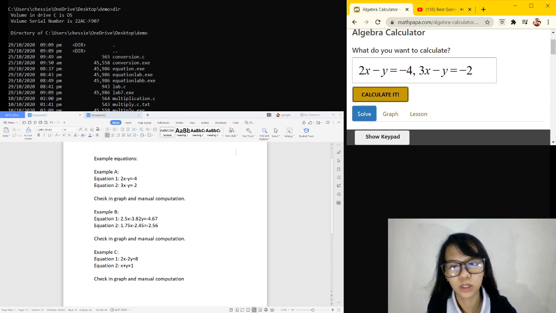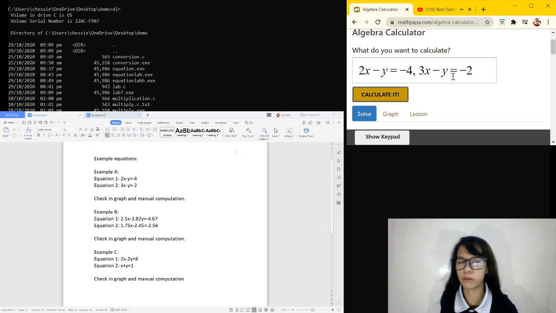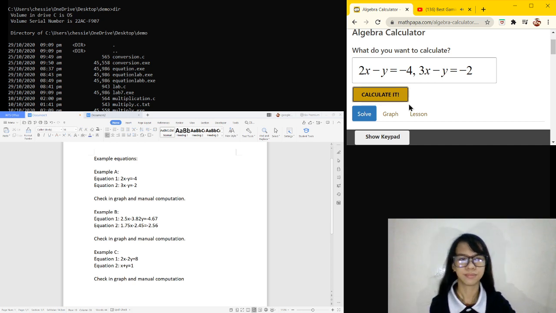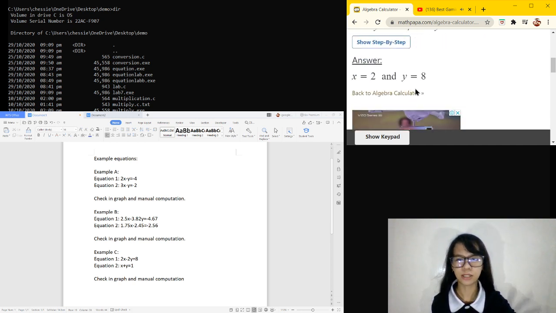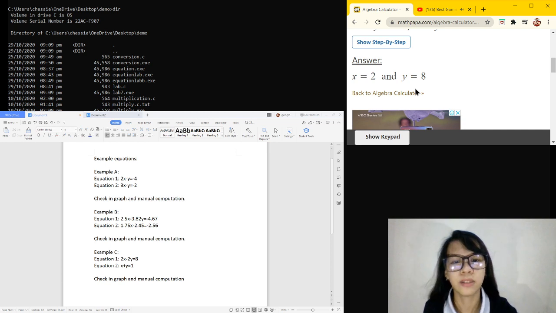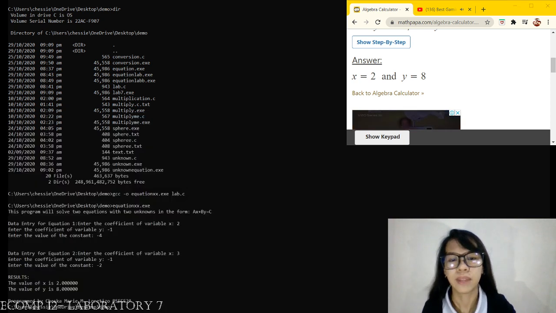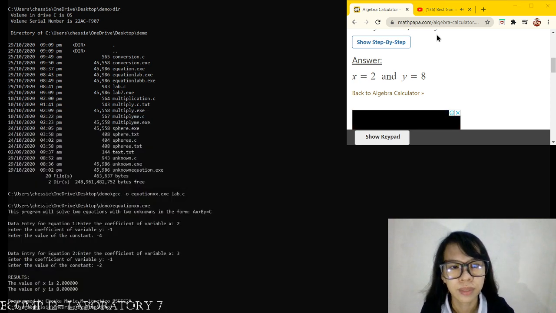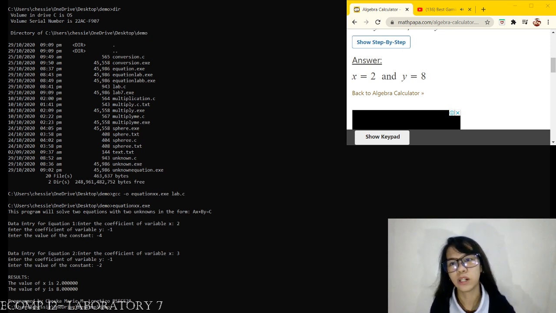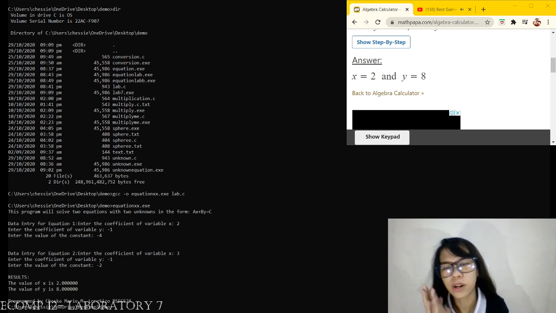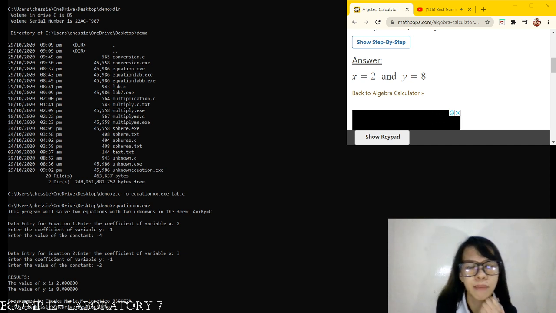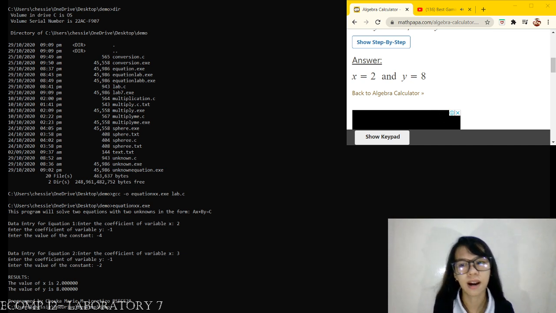As you can see, 2x minus y equals negative 4 and 3x minus y equals negative 2. The answer is x equals 2 and y equals 8. As you can see, in our command prompt and also in the manual computation, they are equal.